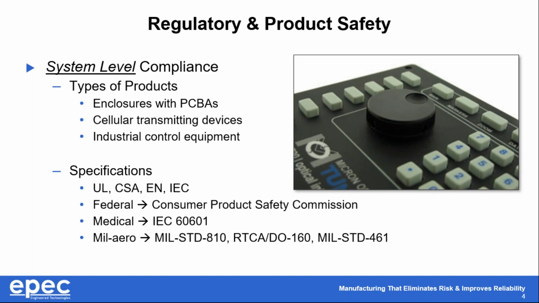IEC 60601 is a system-level medical specification that we can tailor our designs to be compliant to. But again, these are all system-level products, tests, and so forth. For the mil-aero industry, Mil Standard 810, DO 160, and Mil Standard 461 are other system-level type requirements and specifications.